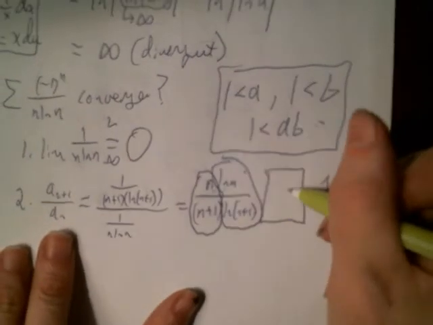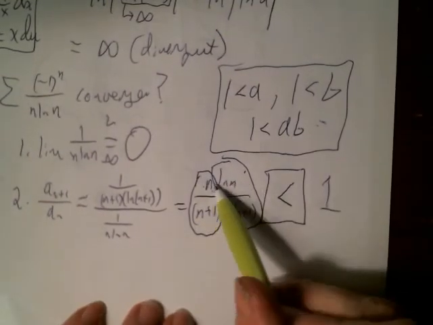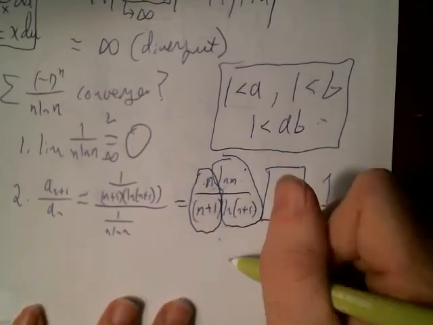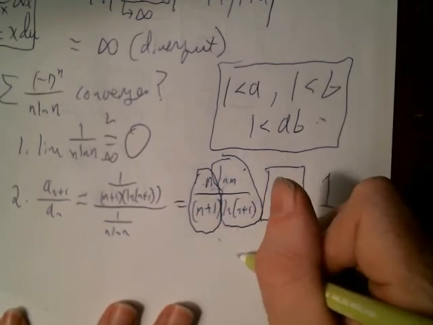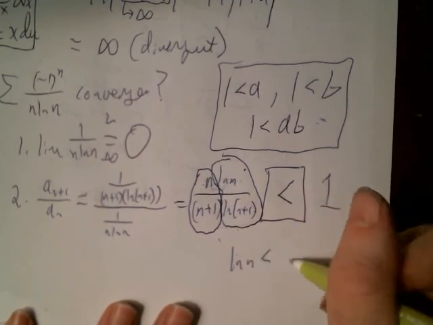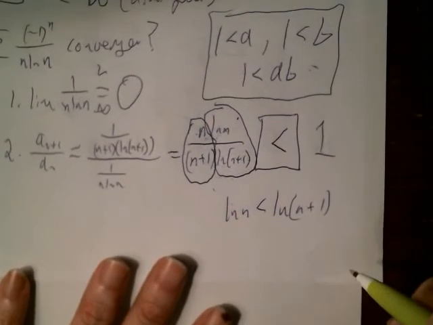So anyways, eventually the numerator is going to be less than the denominator. Maybe I could say something like ln of n is always less than ln of n plus 1. Okay, that's definitely true.